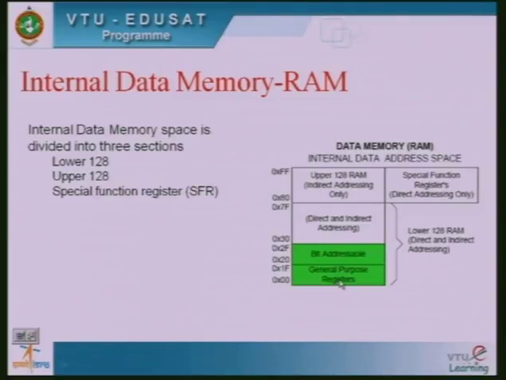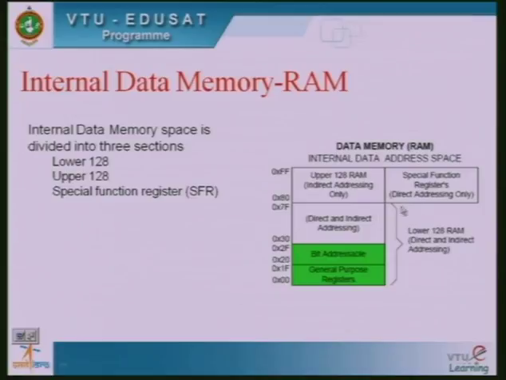As highlighted here, the general purpose registers are available from 00 to 1F. That is register bank 0 to register bank 3, and all 4 register banks are covered in this first block. The next block of 16 bytes is bit addressable memory, and the remaining values are used for different purposes.